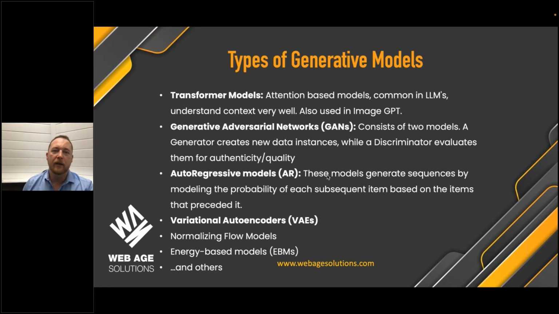Here are a couple of the more common types of generative models and their underlying topology. Transformer models led to the current GPT families, GPT-1 through 4. GANs also led to a lot of advances, originally in generative image generation, as well as in other things like cybersecurity.